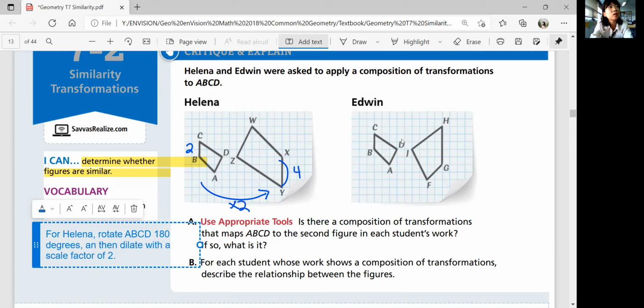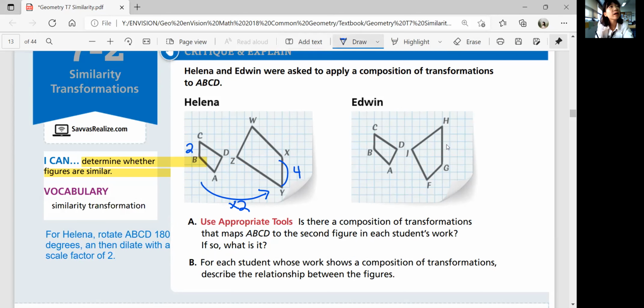Edwin's doesn't seem like it's rotation, right? C maps to H, D maps to J, A maps to F, and B, wait, no. Okay, that looks like C and B. Which one is the longest side?